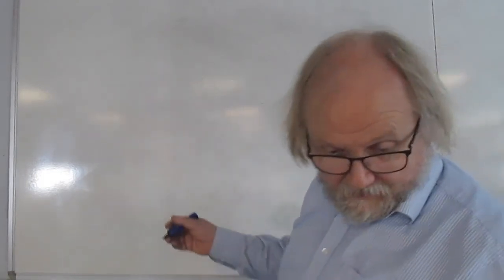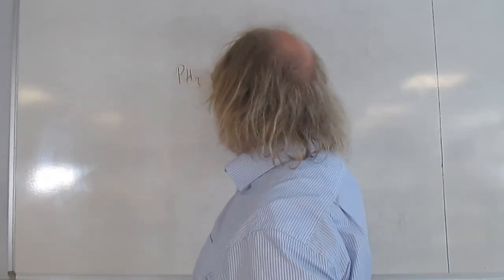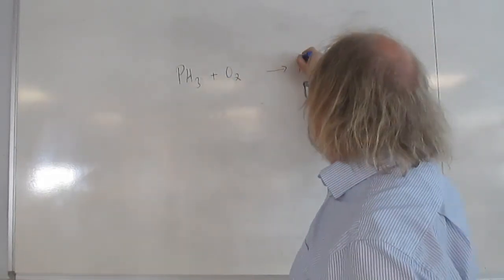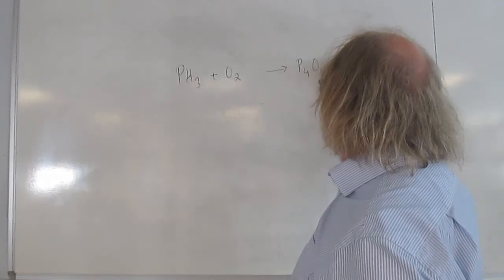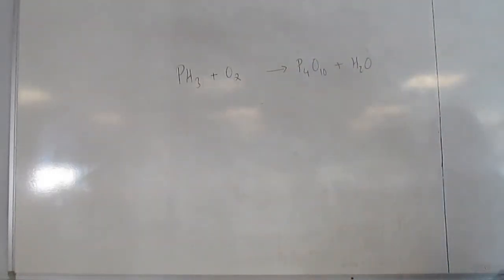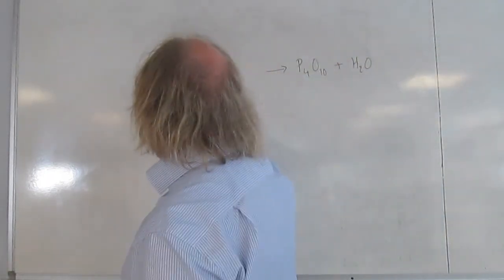Okay, so the last little bit of this question is asking about phosphine burning in air. So we're going to assume that means that it's reacting with oxygen in the air to form P4O10 and water. And it's relatively easy to balance because we're stuck with 4 phosphoruses in P4O10, so that's going to have to be 4.